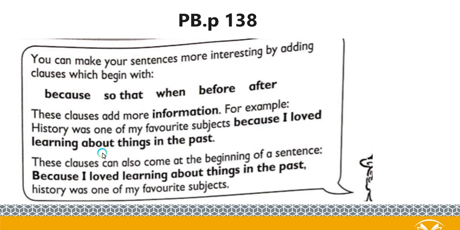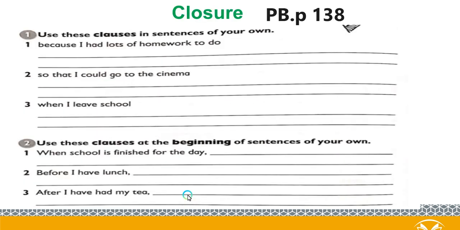Because I loved learning about things in the past. So we have because. These clauses can also come at the beginning of a sentence. Because I loved learning about things in the past, comma, history was one of my favorite subjects. It just repeated. Okay, let's answer our practice book, page 138.